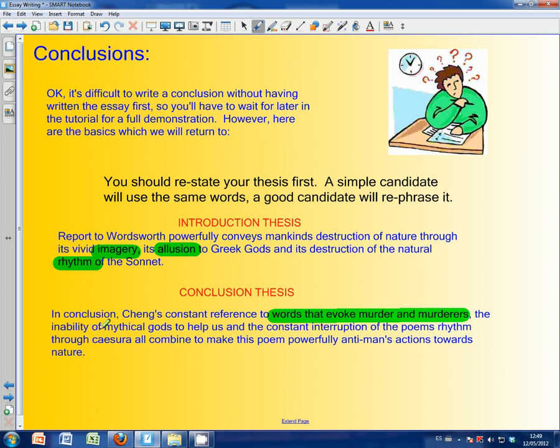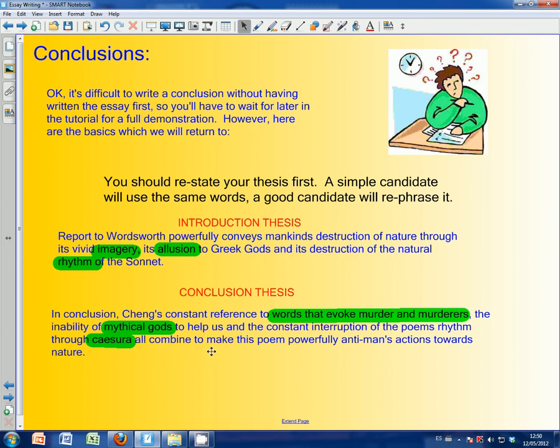The inability of mythical gods to help us, that's his illusion, and the constant interruption of the poem's rhythm through caesura, which is the technical term for that, and obviously that's the rhythm, all combine to make this poem powerfully anti-man's actions towards nature. So what I've tried to do here is not just summarise, but I've synthesised. I've shown how I'm saying they all combine. So they all work together to make it more powerful.